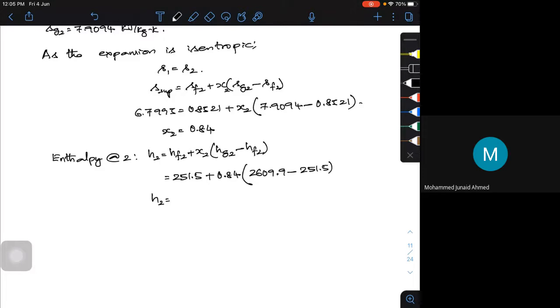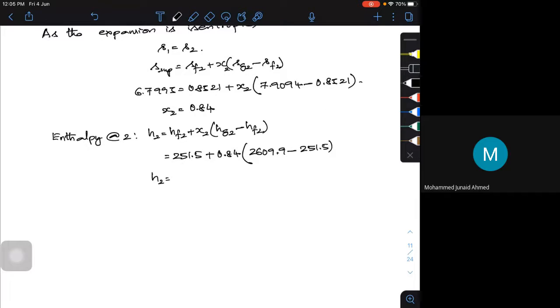How much? 2200 or 300, somewhere around that. So 2232.56 kilojoules per kg.